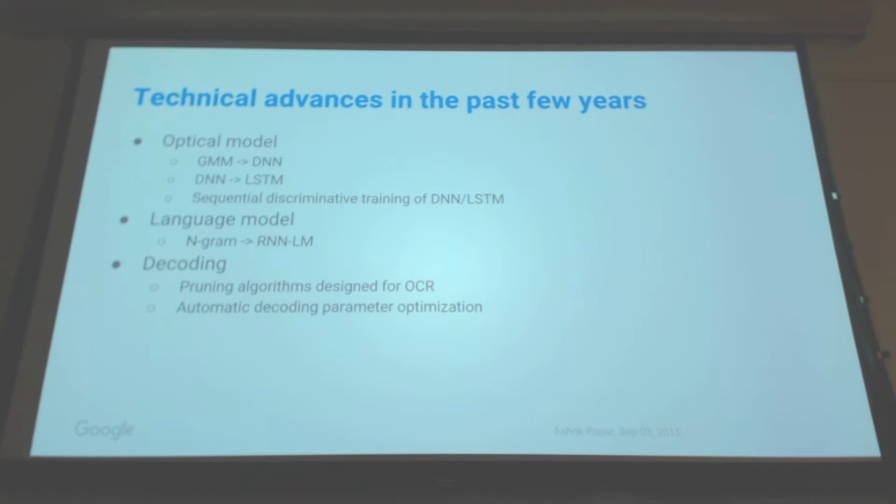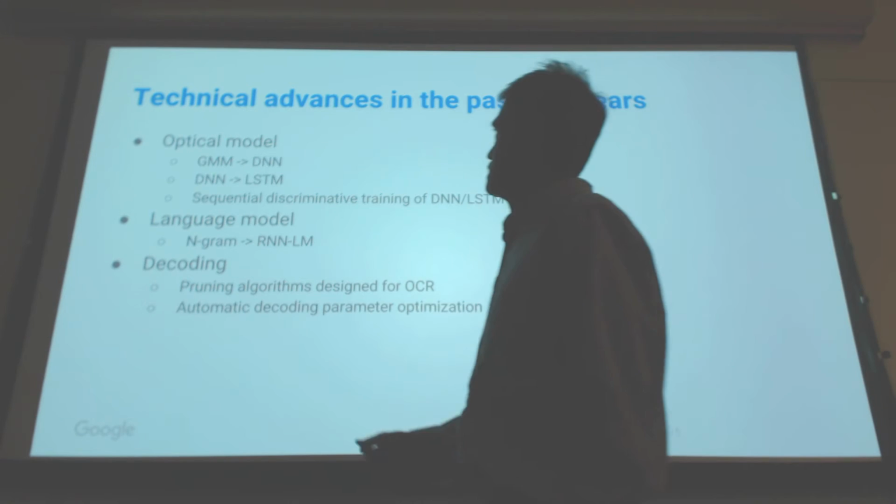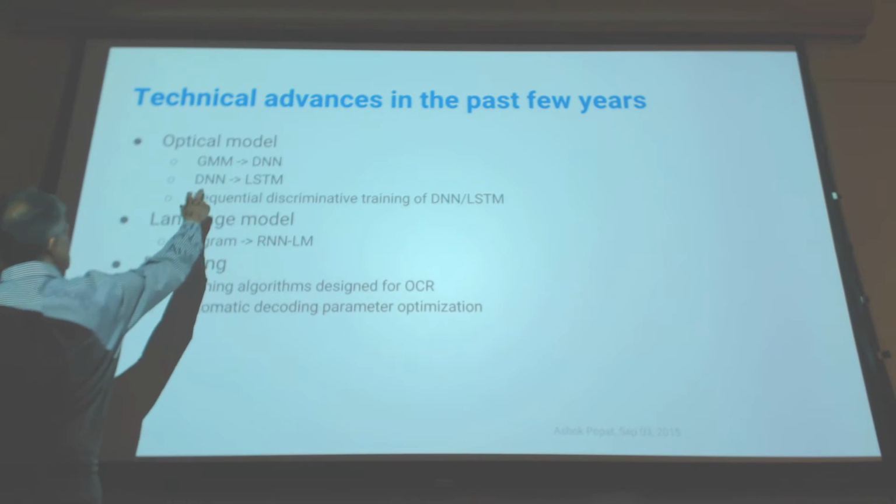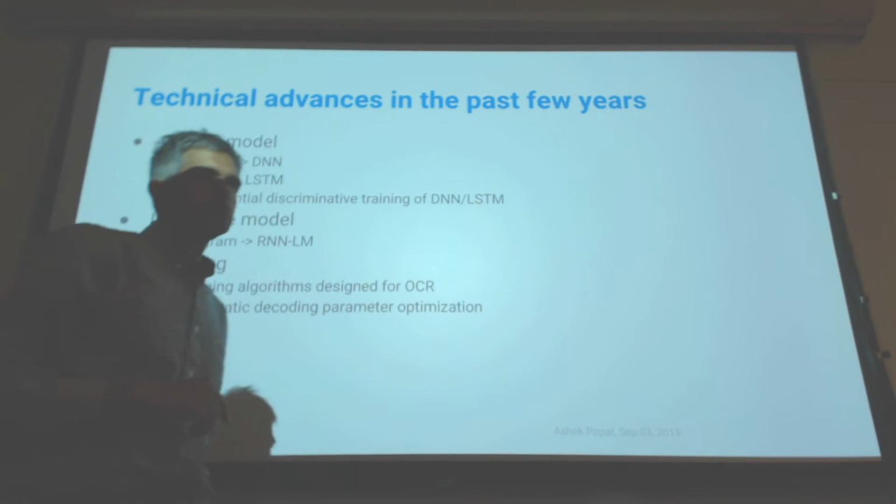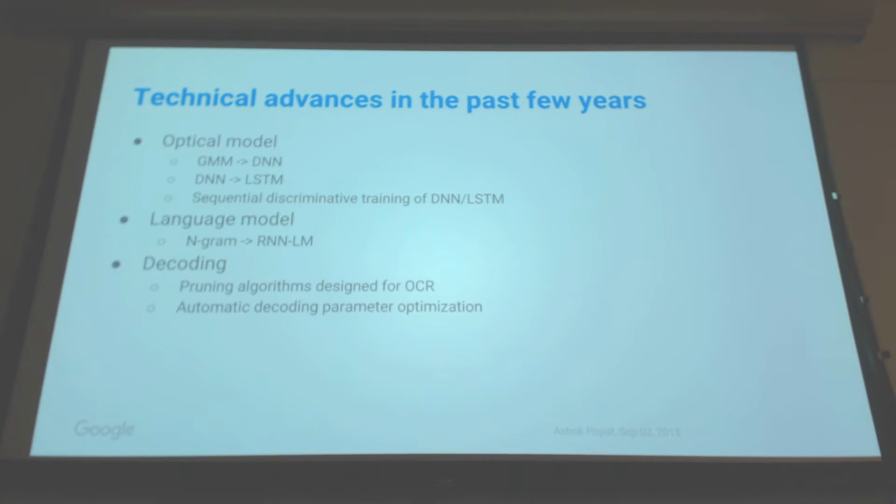Okay, and just where have we gone? We started with GMMs. We replaced them with deep neural networks for our feature learning, and then beyond that, also to directly estimate the state posteriors, right? And now we're starting to look at long short-term memory neural networks, both bidirectional and unidirectional. These are recurrent neural networks.